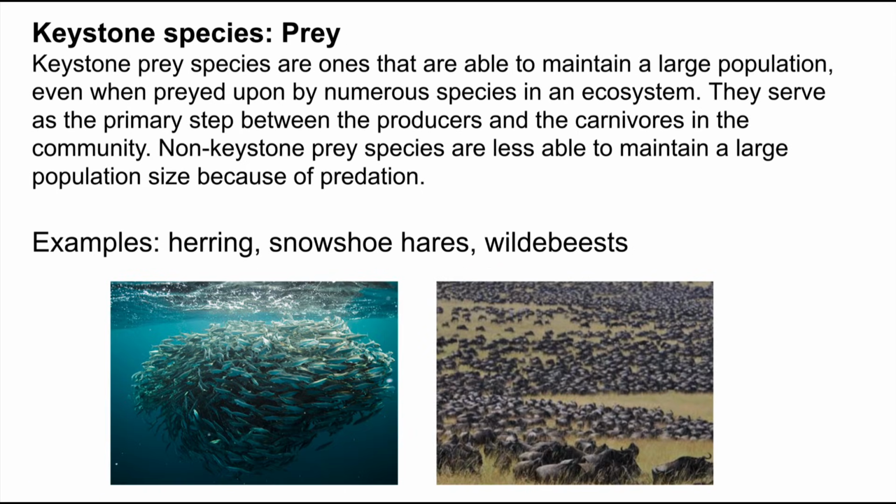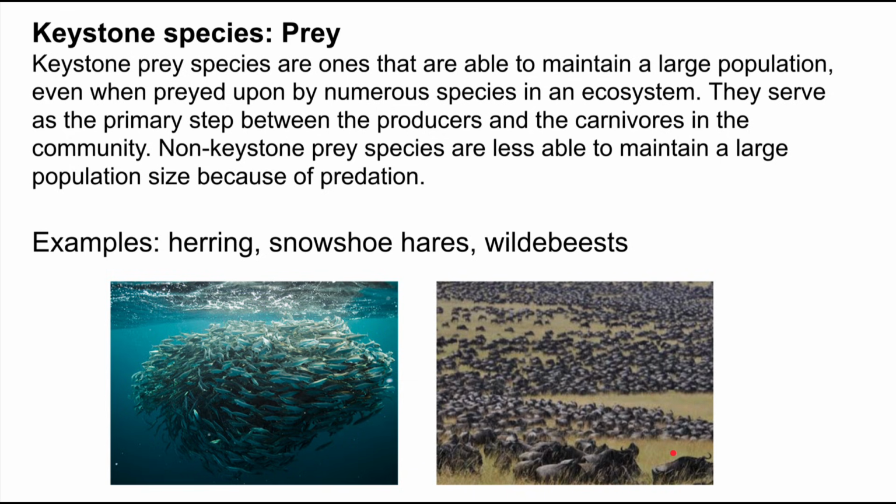Now, surprisingly, sometimes prey items are considered to be a keystone species, but not always. They're considered to be a keystone species if they occur in such large numbers, like balls of herring or herds of wildebeest in the plains of Africa.